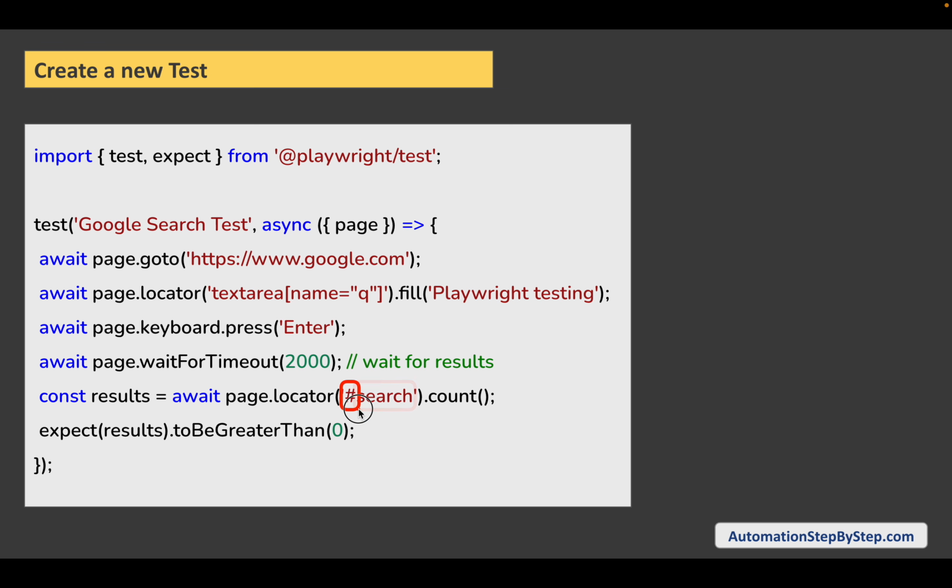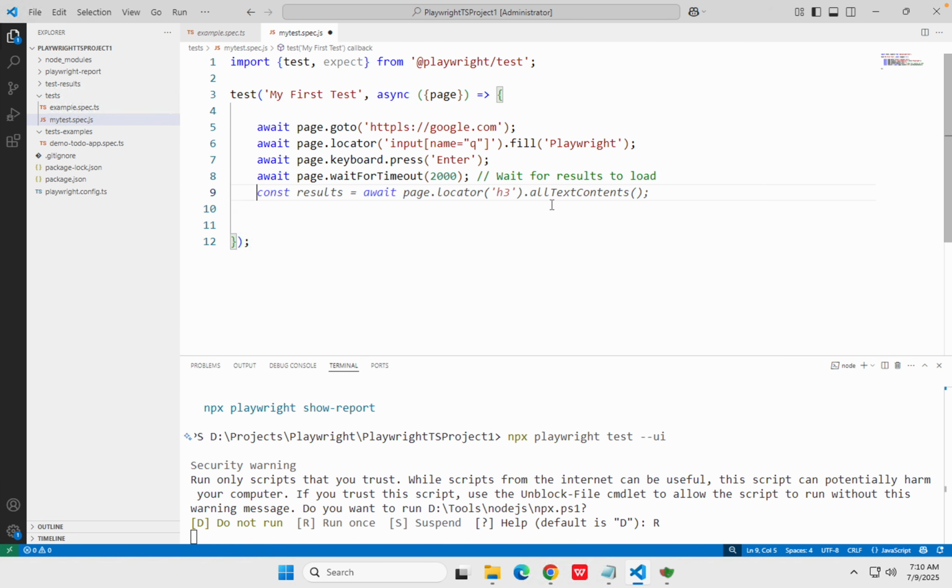Hash means the id property, and taking the count, and then we are expecting results to be greater than 0. That means whatever is the count of this should be greater than 0. So all this you can do. You can also see this is taking h3 locator. So all these assertions we can add.